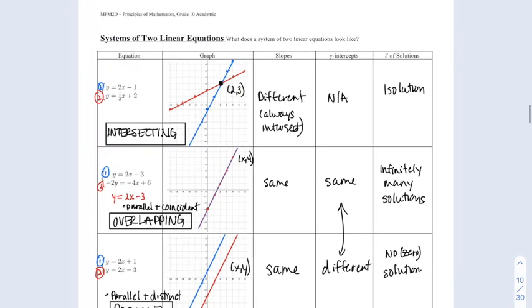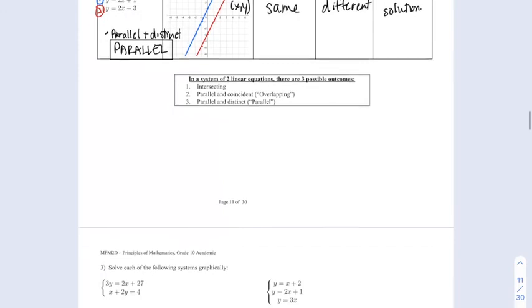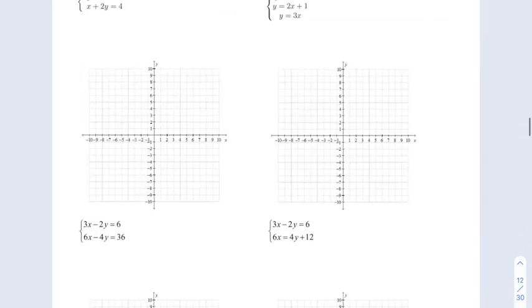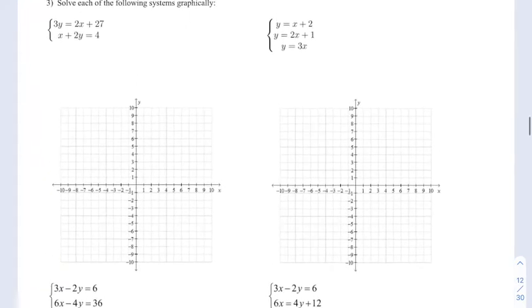Now what we're going to spend the rest of our time doing is solving some points of intersection graphically. So I want us to get really quick at graphing lines. To graph a line, I'm always going to want to put it in y equals mx plus b form.